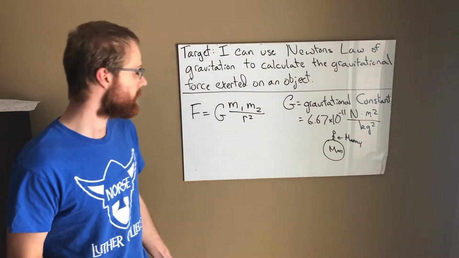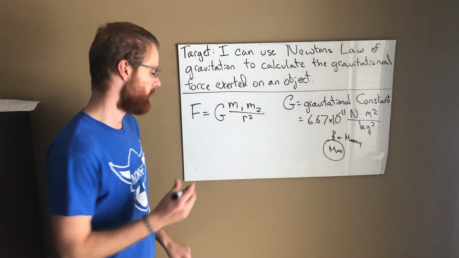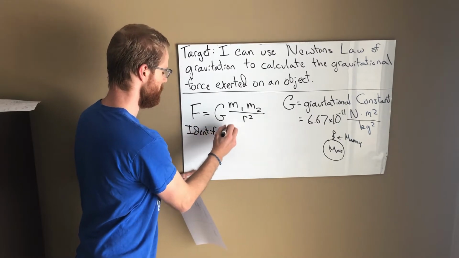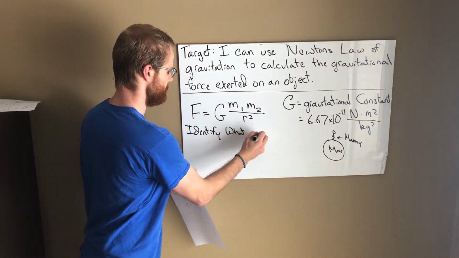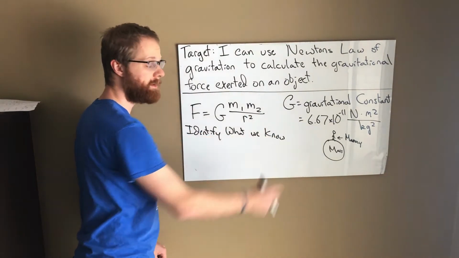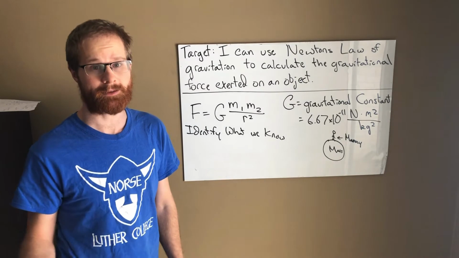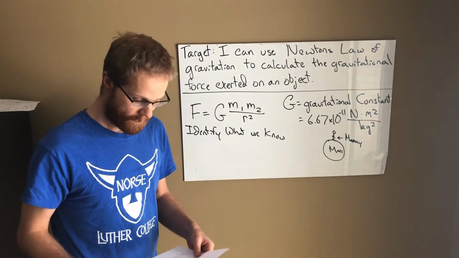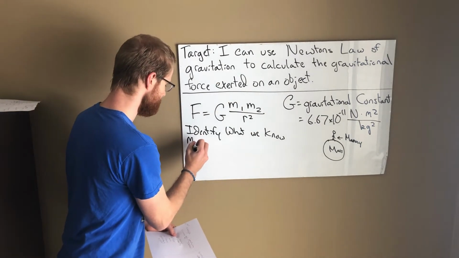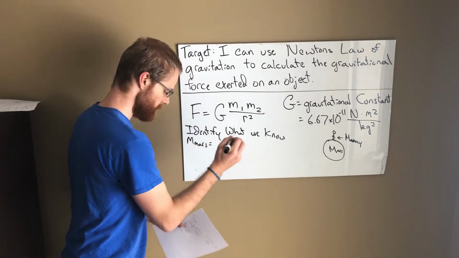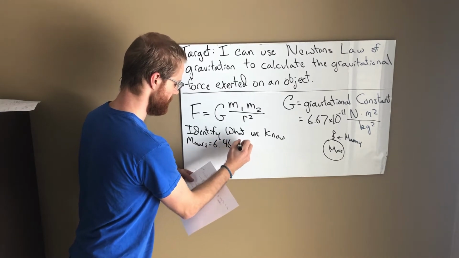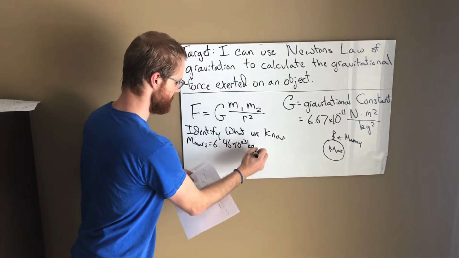Okay, so there are a couple of different things that we know. Let's identify what we know. So for one, we know the gravitational constant. That's always going to be the same. We also know the mass of Mars, which is 6.46 times 10 to the 23rd kilograms.